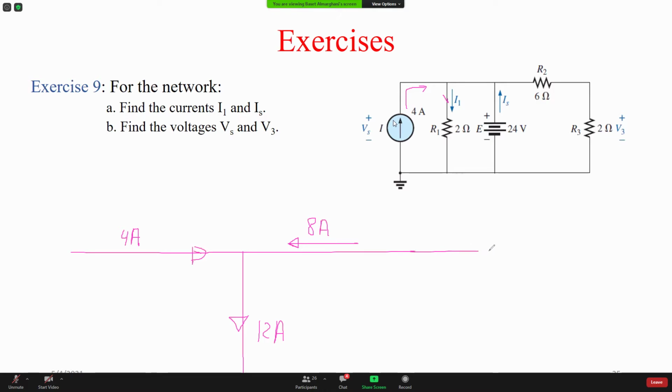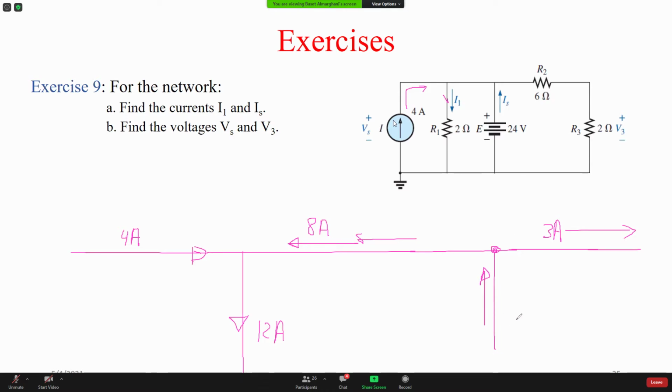Let's go to this point. There is 3 here going this way, 3 going this way, 8 going this way. How much current should be going this way? See, at this point, there is a 3 leaving and 8 leaving, so 11 leaving.